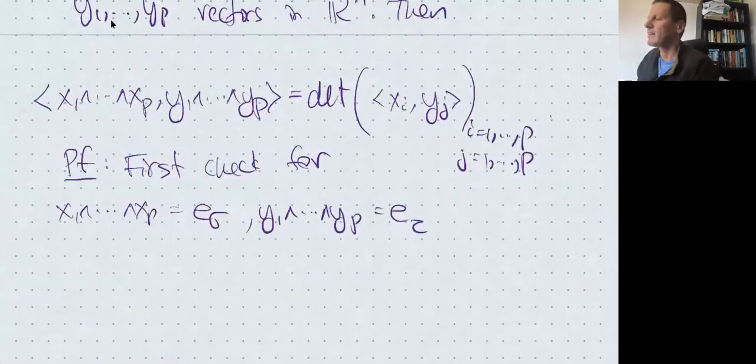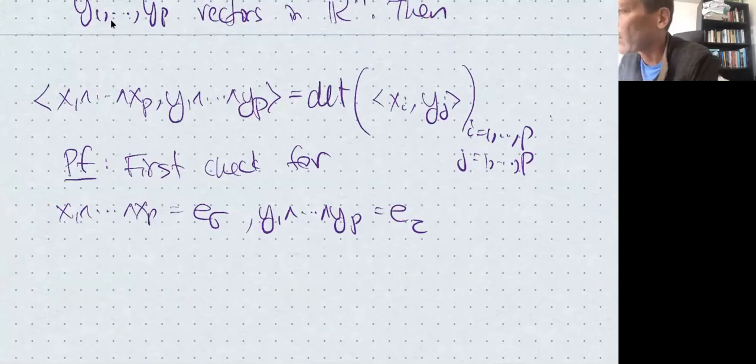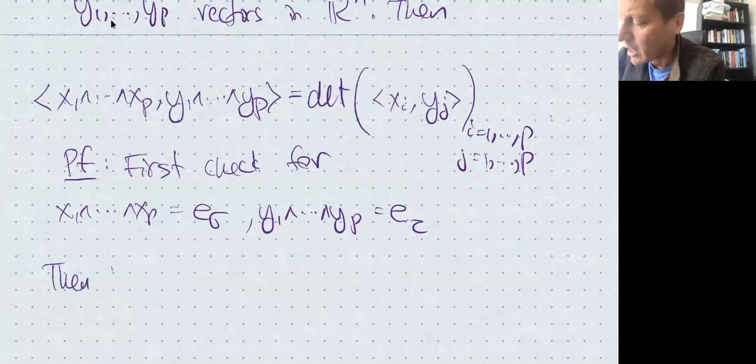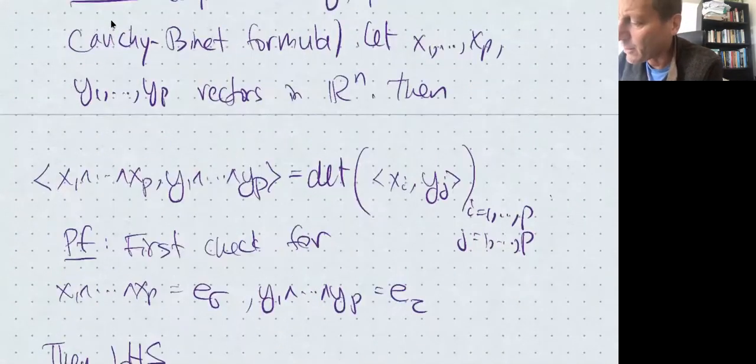Suppose sigma and tau are two multi-indices. x1 through xp is e sigma, y1 through yp is e tau. So let's check this expression here. The left-hand side becomes either 0 or 1, depending on whether sigma equals tau or not. And what about the right-hand side?